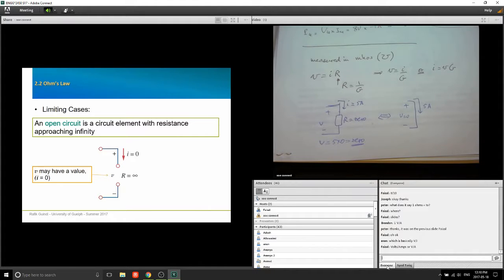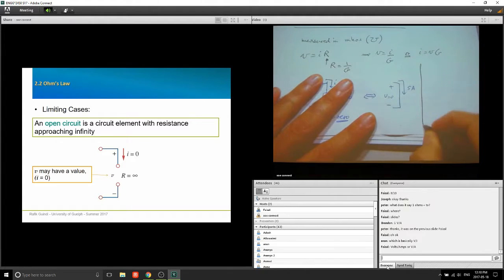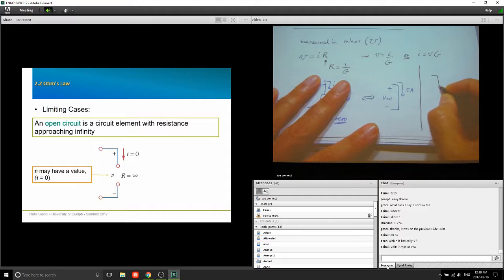Could you have a voltage here? Yes, you can. The voltage can take on any value, and the current is going to be zero, because if you look at Ohm's law... We call that an open circuit, OC, like that. So this is equivalent to a resistance that tends to infinity.